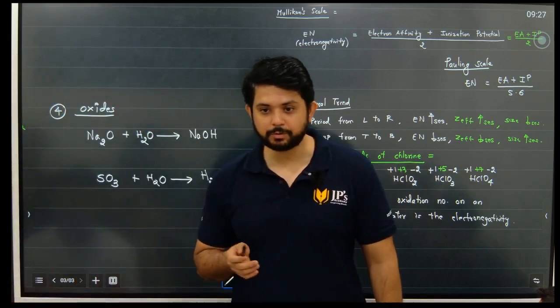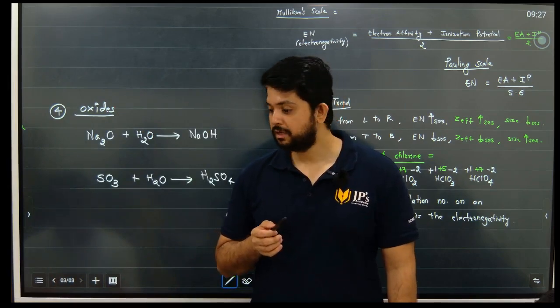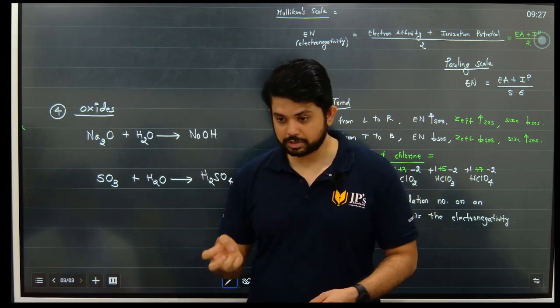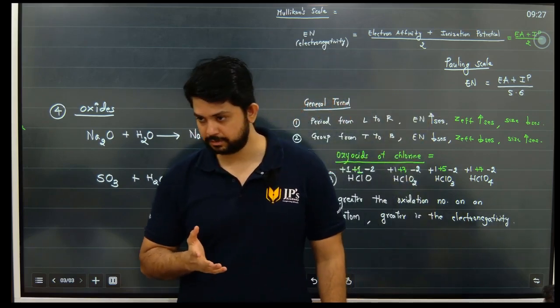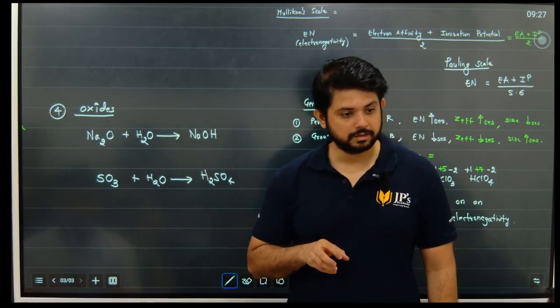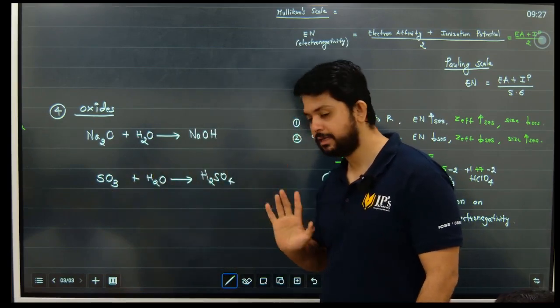We've done the contact process in 10th standard for the production of sulfuric acid, but that was made from oleum, because directly putting an oxide of sulfur in water is highly exothermic. So oleum was made, and H2SO4 was extracted from oleum. Anyways, coming back, SO3 was put in water, what do we get?